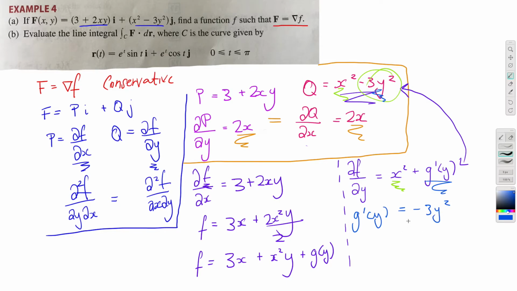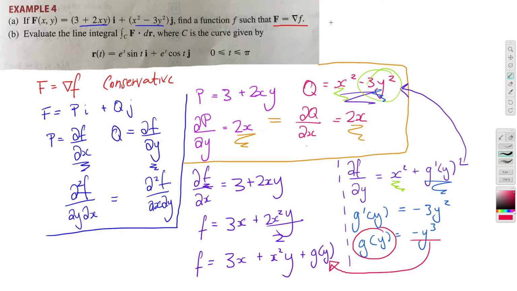So in other words, if we want to get what g is, we have to integrate with respect to y to get rid of that derivative. And we're going to get minus y cubed. So we have just figured out what g of y is. We can sub this into here.